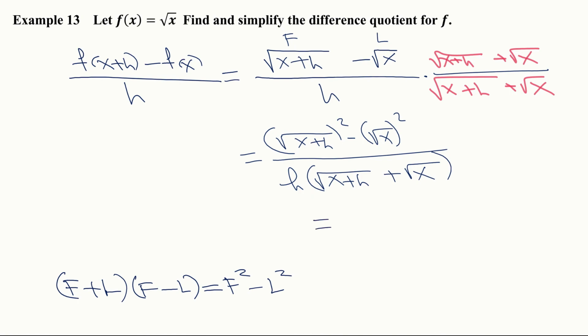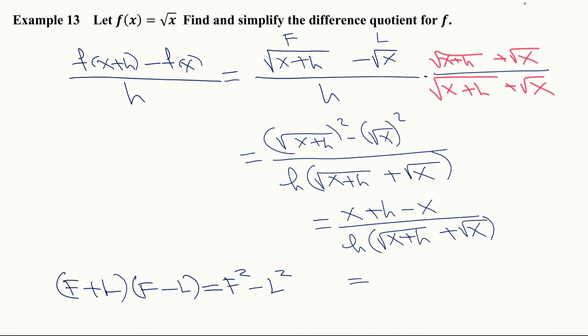So on the top, we end up with x plus h minus x, right? Over h times square root of x plus h plus square root of x, right?